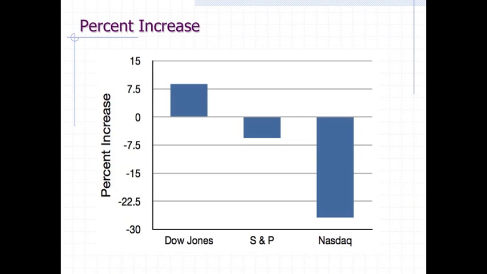Notice that both the S&P and the NASDAQ had negative increases, which means that they decreased in value. In this bar chart, the y-axis is not frequency, but rather the percent change, up or down.